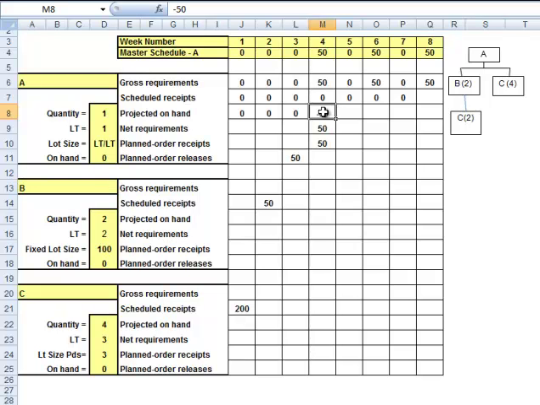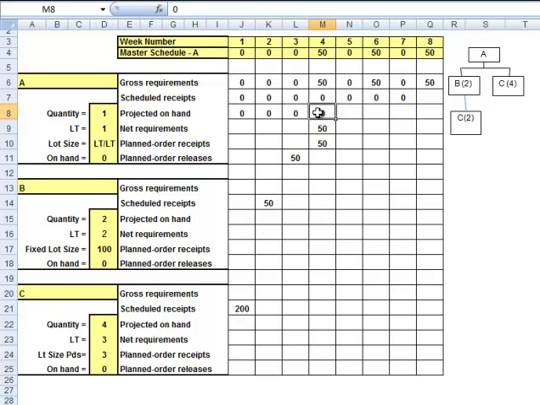Now, what your textbook does is something like this. It shows a zero value. And the reason why it does that, it says, well, we're going to have 50 come in time period 4. They're going to be used to satisfy this 50 here, and so the result is going to be 0. And that's true. That's mathematically true.